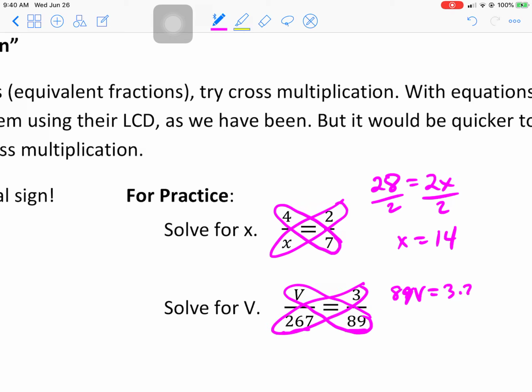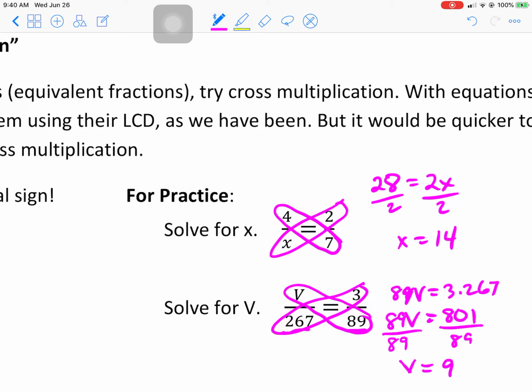What is 3 times 2? 67. I believe I have that written down. Let's see. That is 801. Isolate my variable by dividing by the same. 801 divided by 89 is apparently 9. Okay?